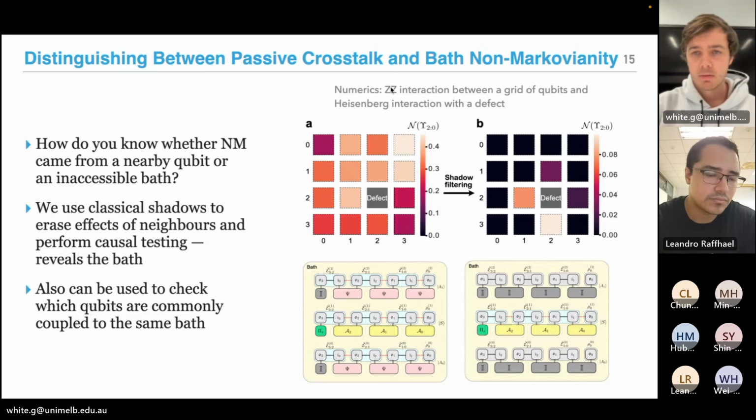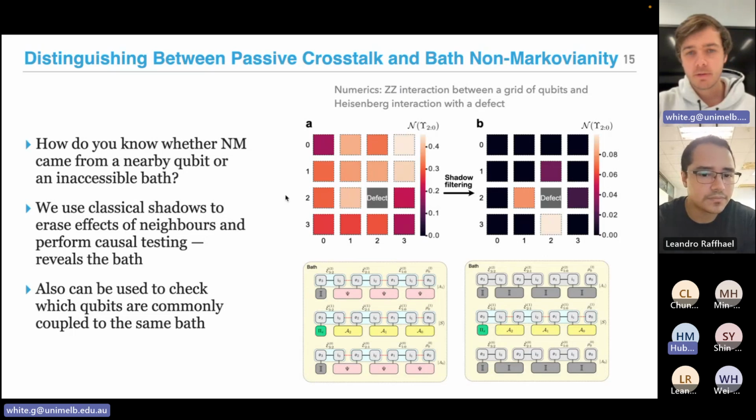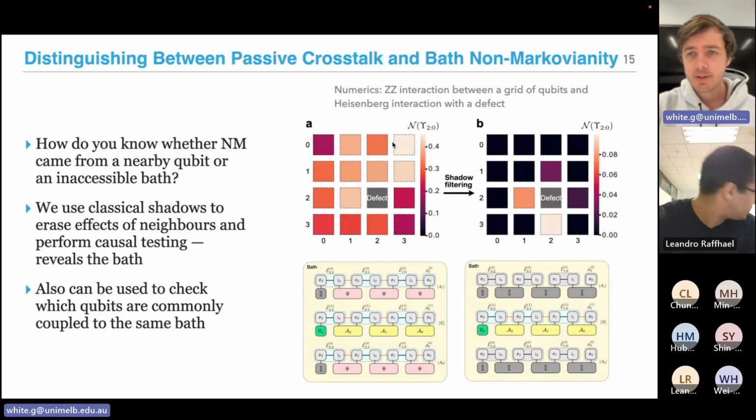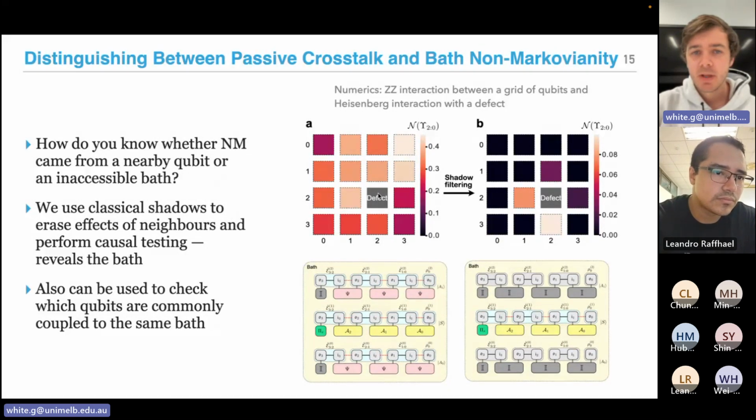Or you are doing the real device simulation? If I understand your question correctly, this particular demonstration is just a numerical analysis where we have a bunch of qubits. So we have here 15 qubits, and we have one defect sitting in the environment. And I'm applying a Hamiltonian, which is a ZZ interaction between nearest neighbors.